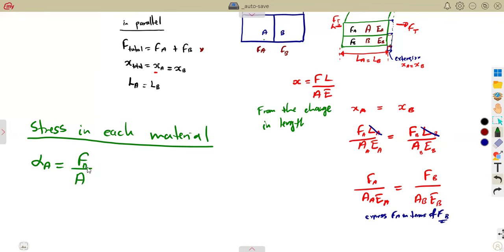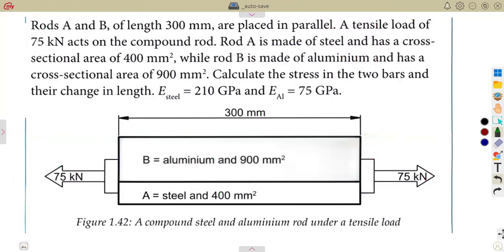So we need the force at A over the area at A. The stress at B is the force at B over the area at B. That cannot change as long as their areas are there. So we want to check how questions are going to be given and how we can relate this information to solve questions of these bars that are connected in parallel, like what we're given here.